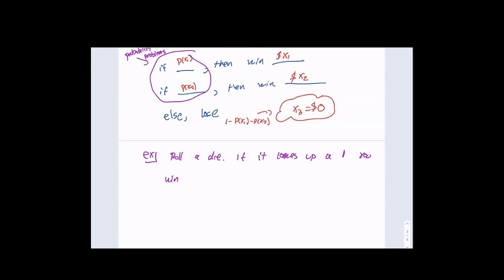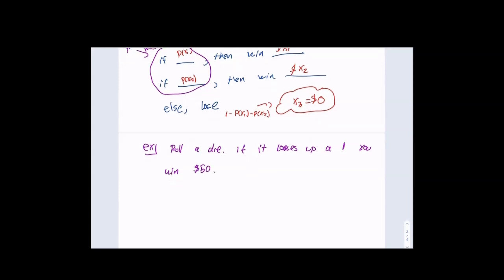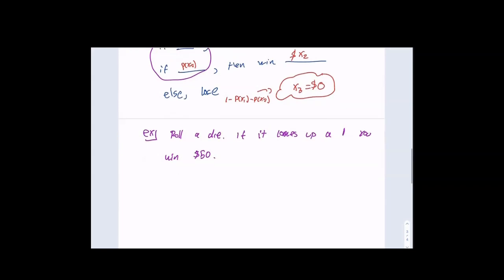If you roll a 1, you win $50. I'm going to change it slightly, but it's basically the same thing as example 4. If not, roll again.